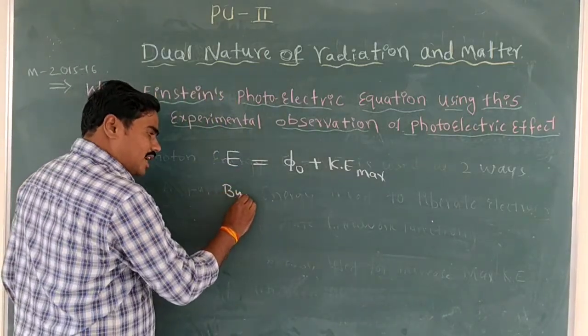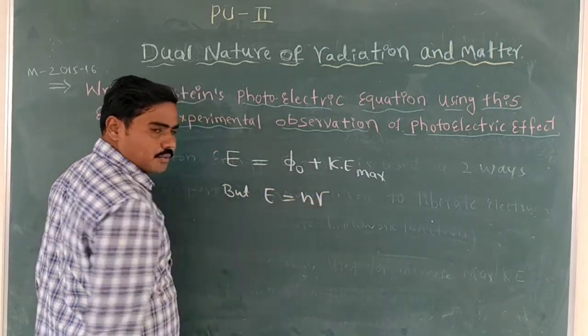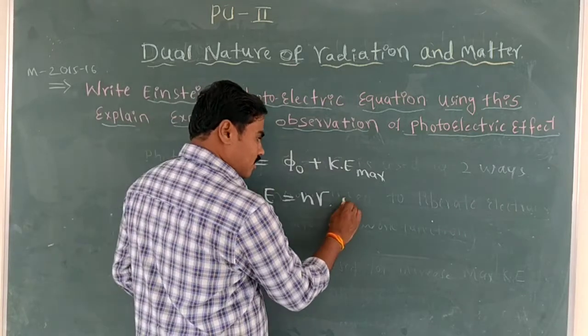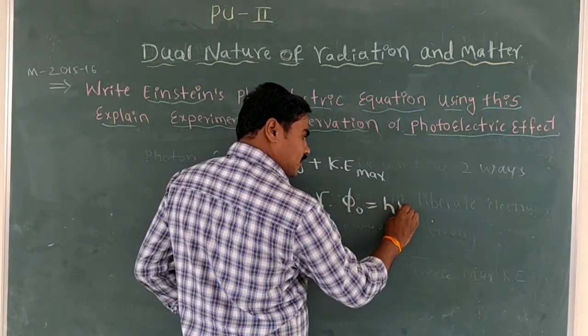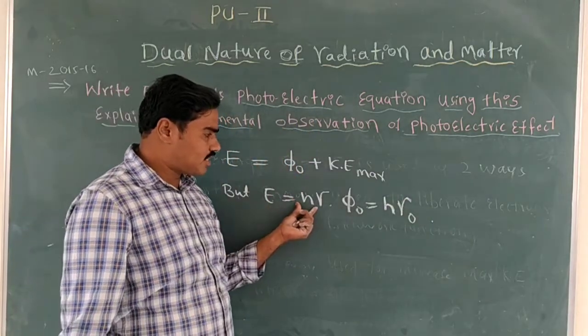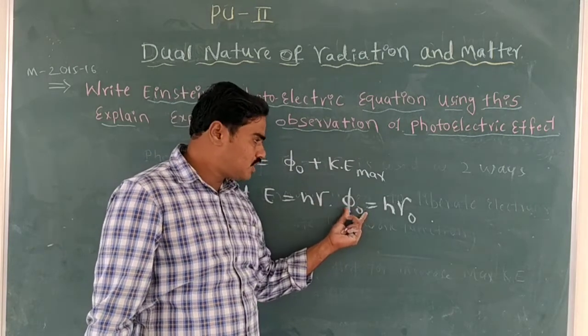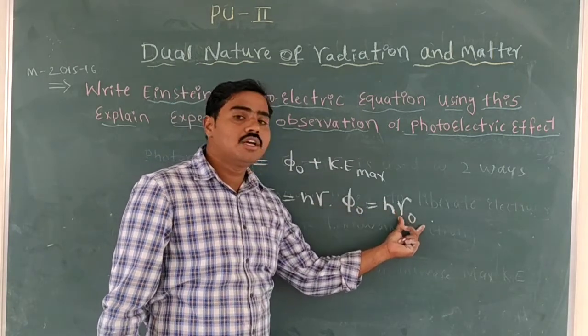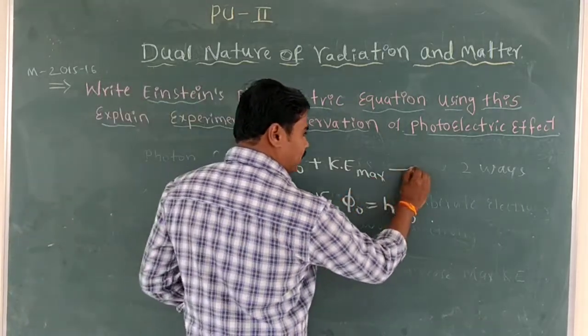But we know that E is equal to h nu and phi naught is equal to h nu naught. E is energy, h is Planck's constant, nu is frequency. Here phi naught means work function, h is Planck's constant, nu naught is threshold frequency. Then substitute these values in equation number 1.